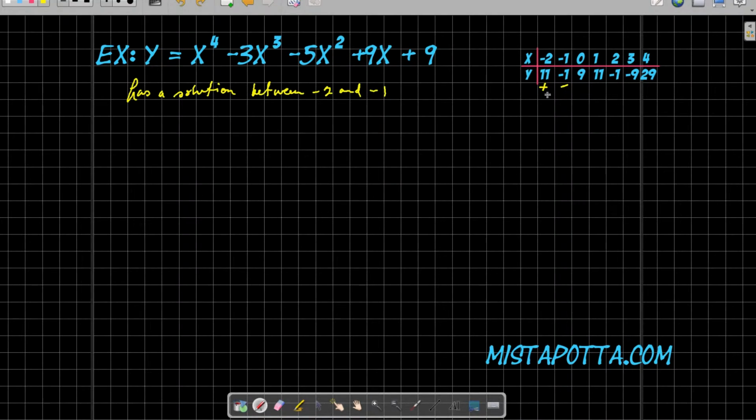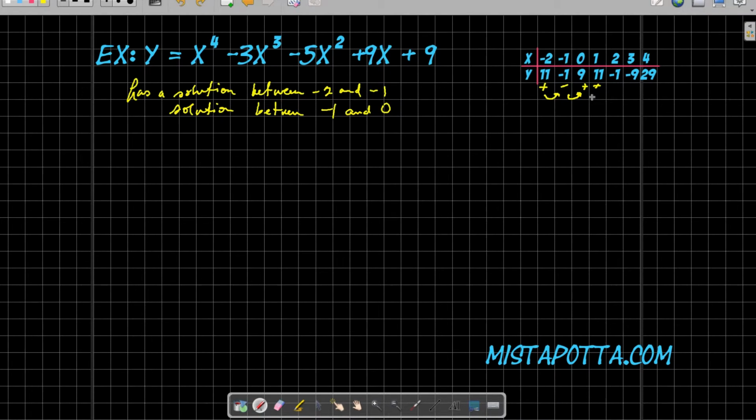Similarly, because I had to get from a -1 to a 9, we have to have a solution between -1 and 0. Now the thing is, from a 9 to an 11, they're both positive. Maybe I dipped below the x-axis, maybe I didn't.